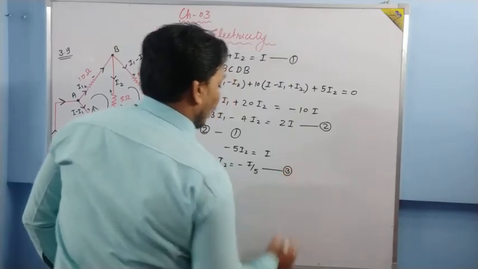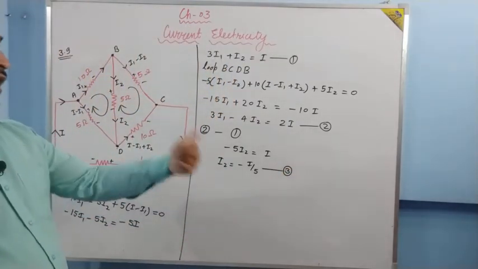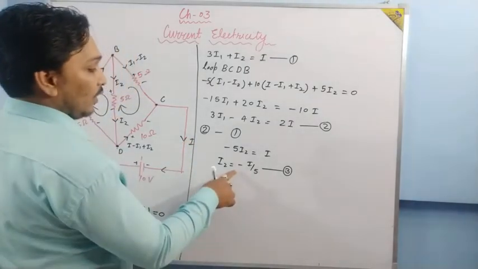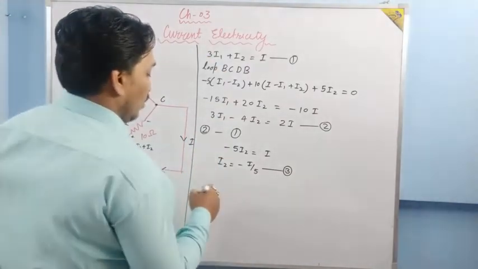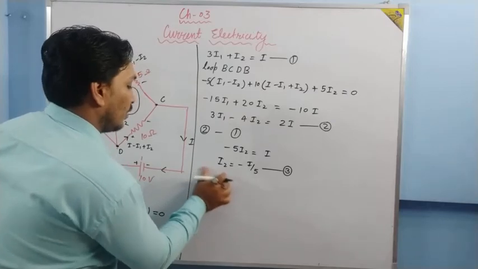Equation number 3. From the value of I2, now calculate I1 in terms of I. And just put this value, minus I by 5, in any of the equations, either 1 or 2. So what we are going to have? I am putting it in 1.